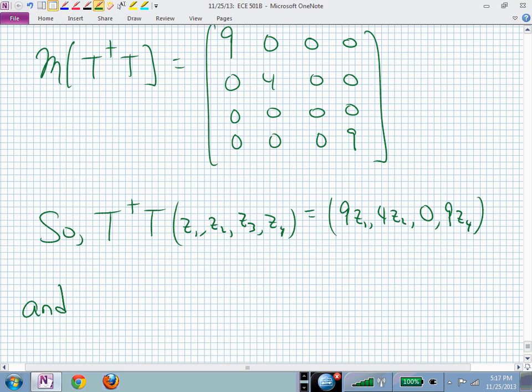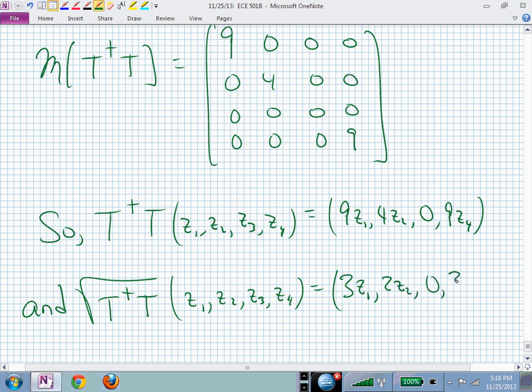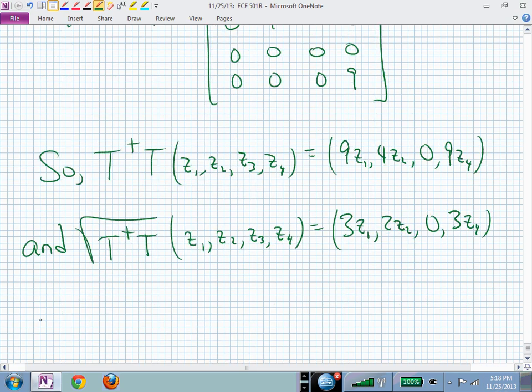Nice, those are perfect squares, aren't they? So that now if I look at this positive square root of T dagger T operating on these 4 coordinates, that would just be 3Z1, 2Z2, 0, and 3Z4. And those are all on the diagonal, aren't they?